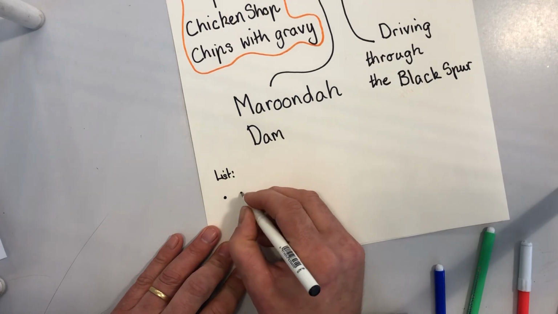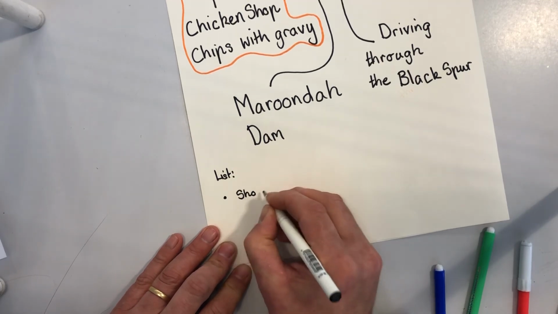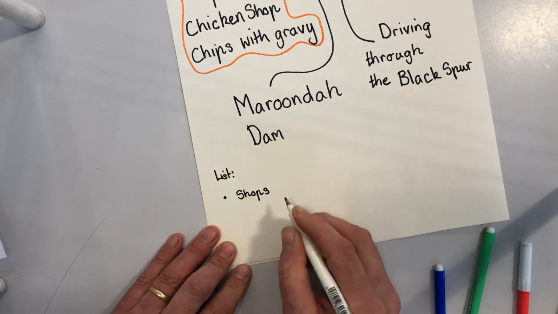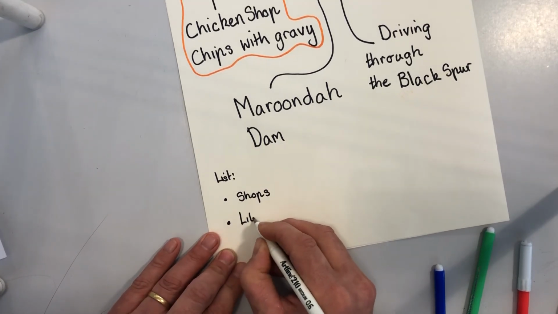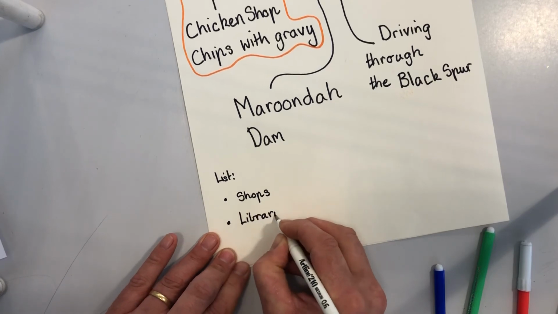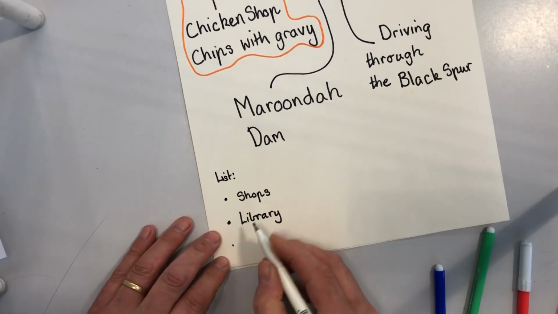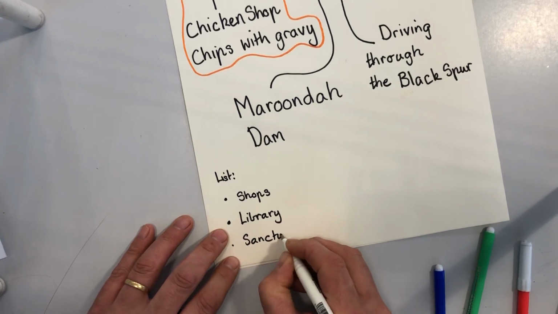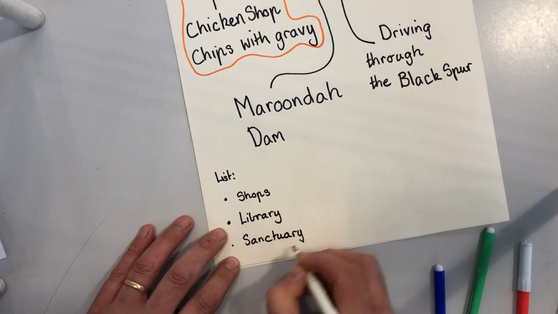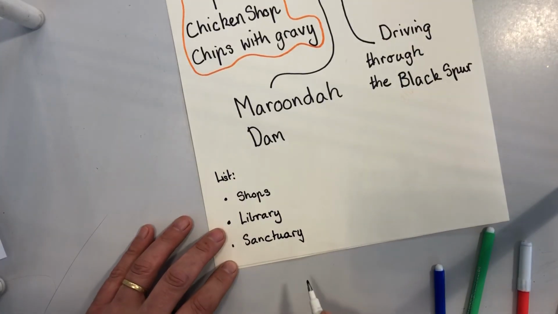We could write out the shops, and then the library, and then the sanctuary. And the list goes on.